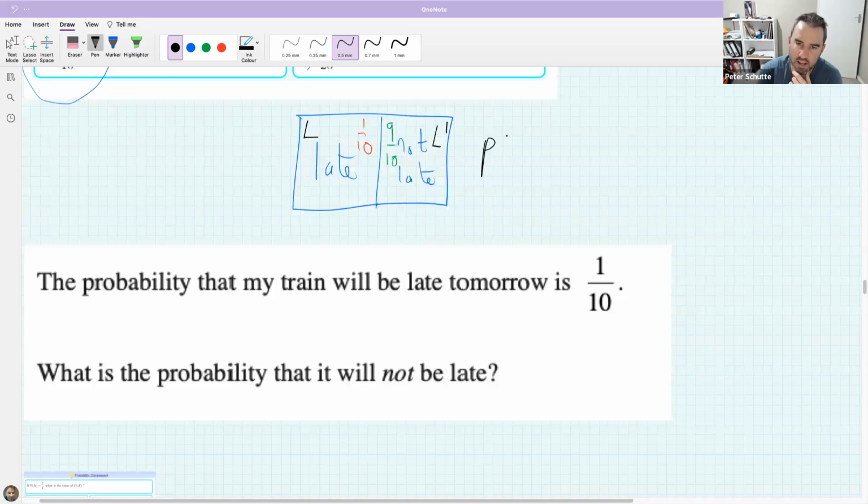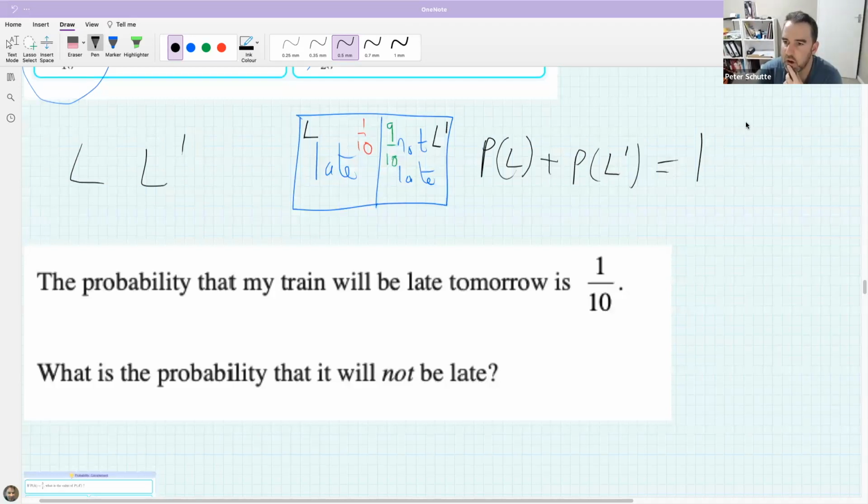And the way we would write this in probability theory is we say the probability of being late plus the probability of not being late will equal 1. Because these two sets, L and L dash, are complementary sets or complementary events. Together, they fill all the possible outcomes.